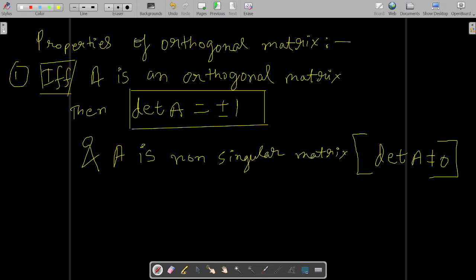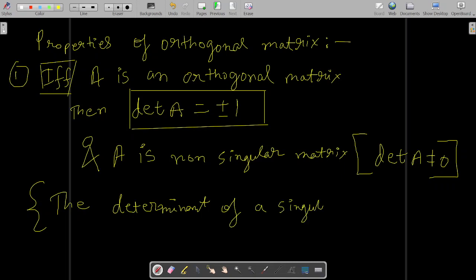This is what is meant by non-singular, because the determinant of a singular matrix is equal to 0. So A is a non-singular matrix. Now let us prove it.